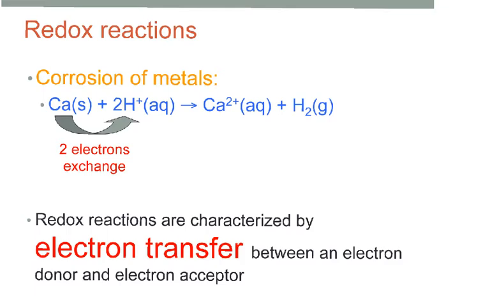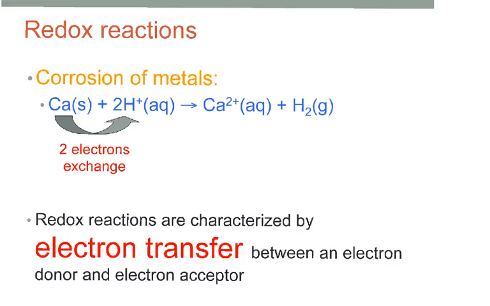A lot of really common everyday chemical reactions are redox reactions. For example, corrosion of metals. In this example, solid calcium metal is being put into acid, is being reacted with H+, right?